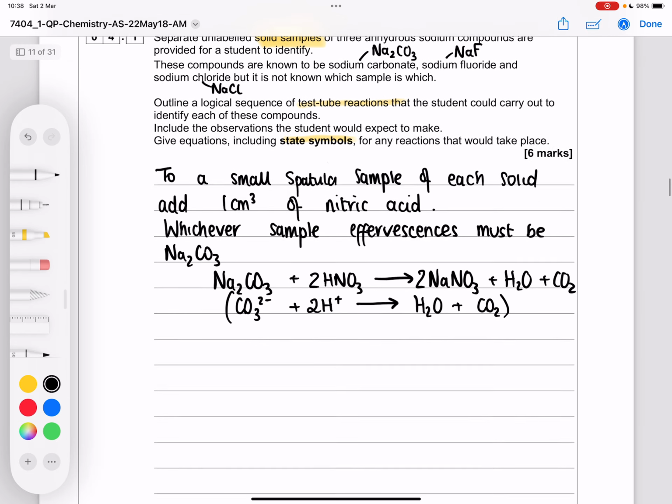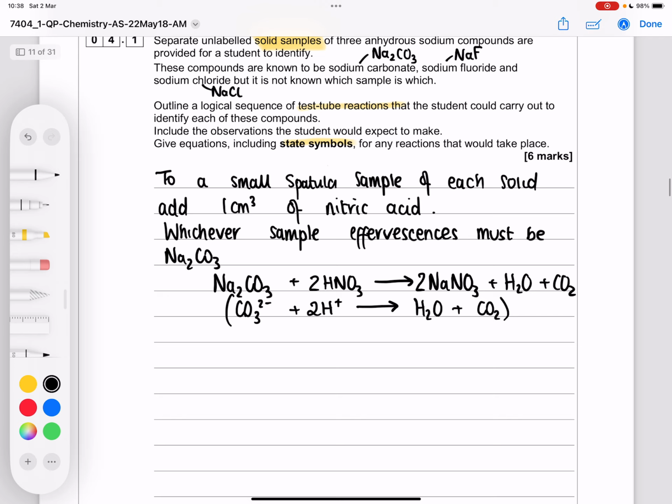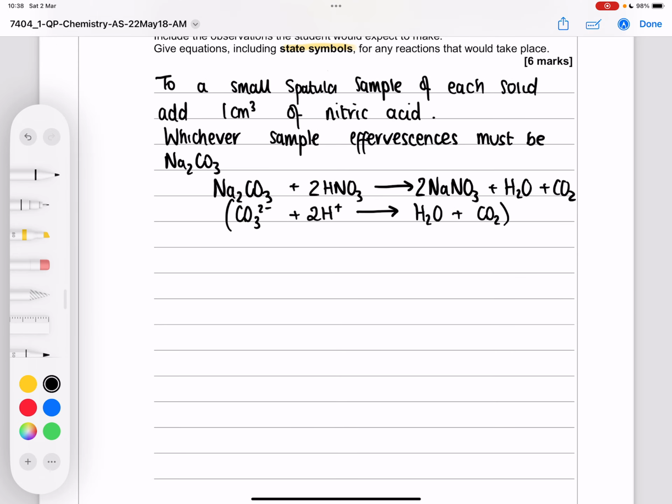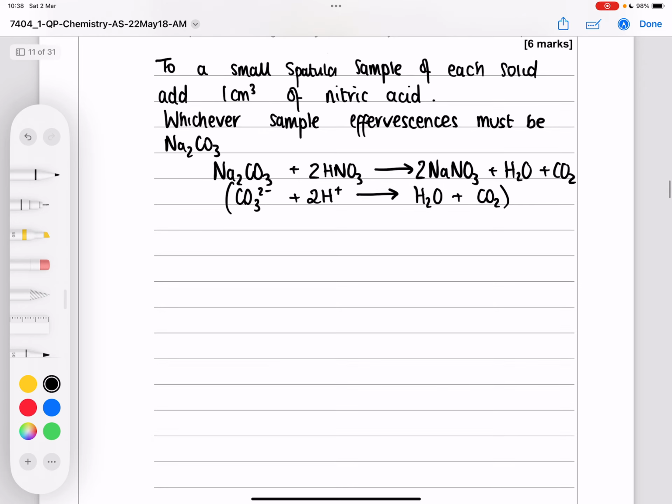Now all we've got left are 2 sodium halide samples, but they contain different halide ions. So we remember that the test for halide ions is that if you add silver nitrate to a solution, then you'll get different coloured precipitates depending on the halide ion. But there is a little bit of a trick to that test. Because it's a test for a precipitate, we can't use these solid samples.